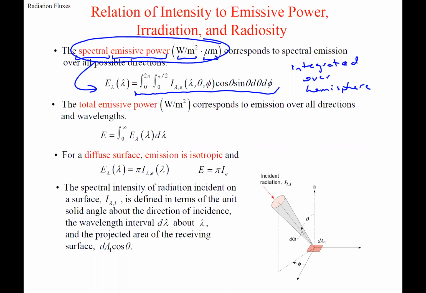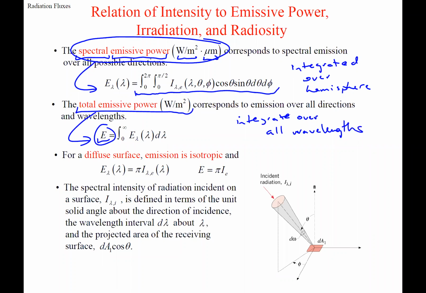And then the total emissive power, which is what we saw in chapter 1 when we just said capital E, we now integrate over all wavelengths. And that gets us the total emissive power. So integrate over the hemisphere, then integrate over the wavelength, and we get that total emissive power E.